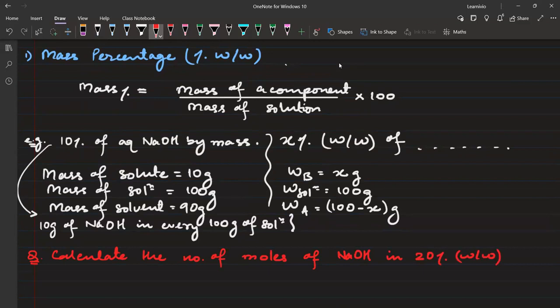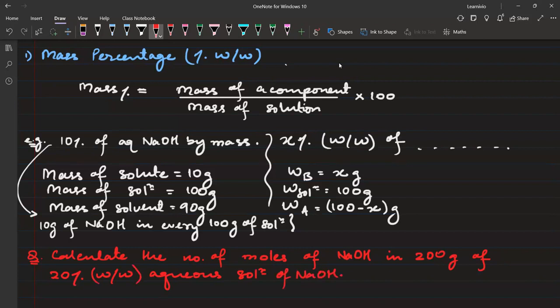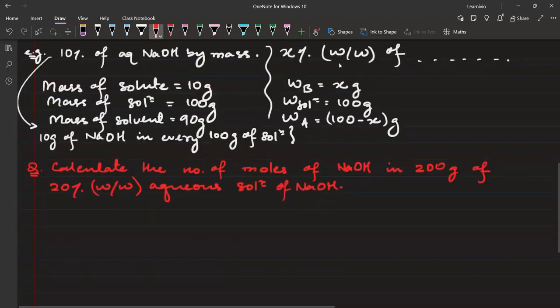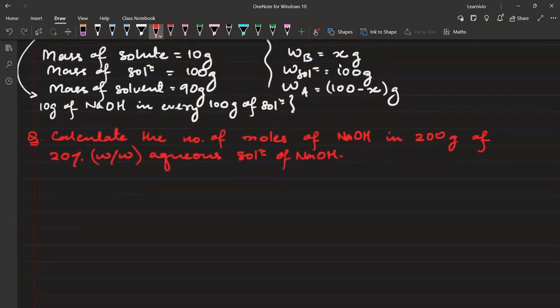Find the moles of NaOH in 200 grams of 20% W by W aqueous solution. Okay. I hope you have written the question. Yeah. Now please see the solution.